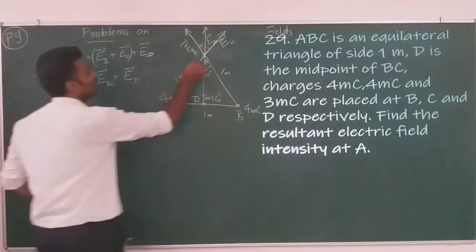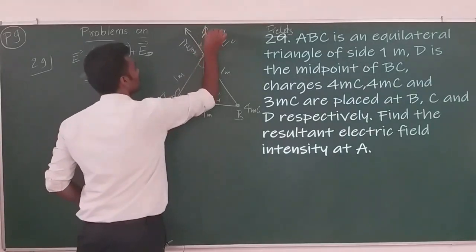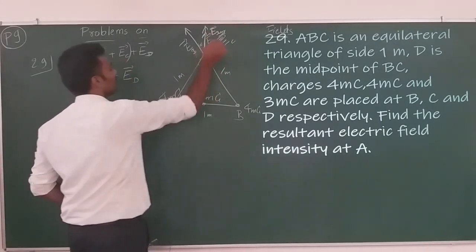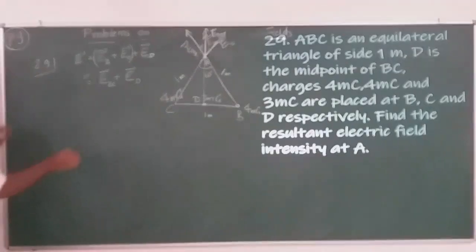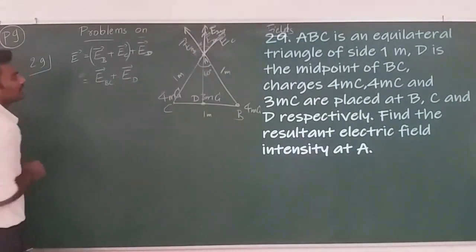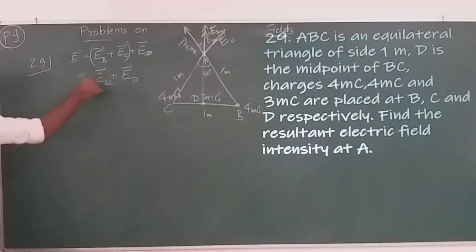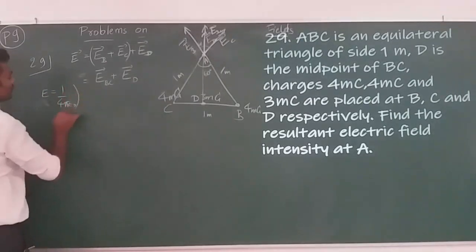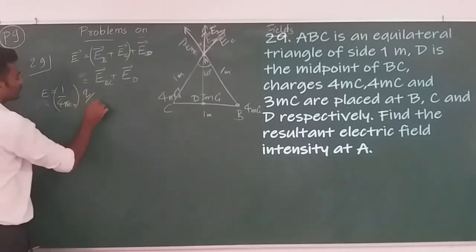This is how EBC will be, where EBC is the resultant of EB and EC. Now, let me find EBC first. In order to find EBC, I should have EB and EC. Right, so what is EB? Let me work for EB. Once write the formula, E is equal to 1 by 4 pi epsilon naught Q by R squared.